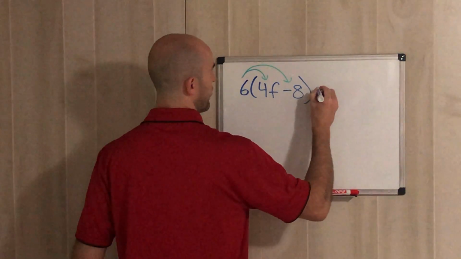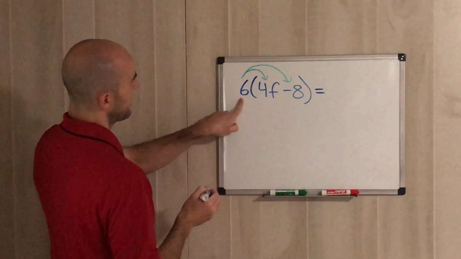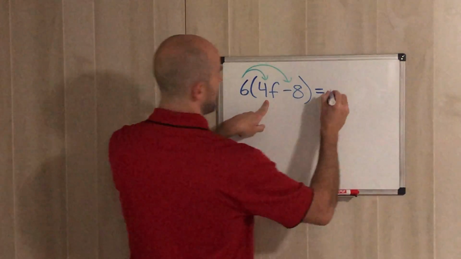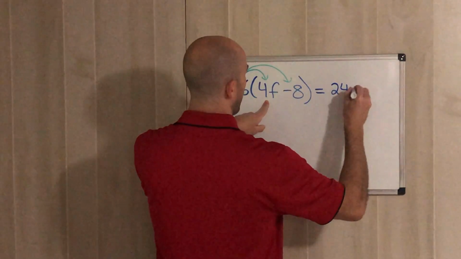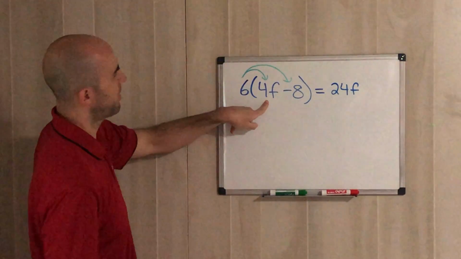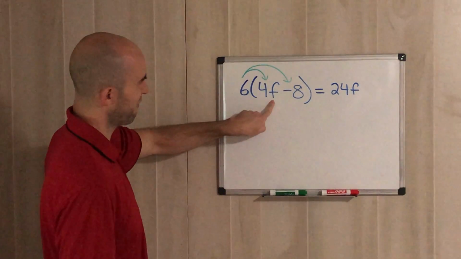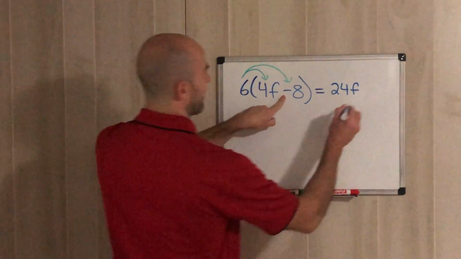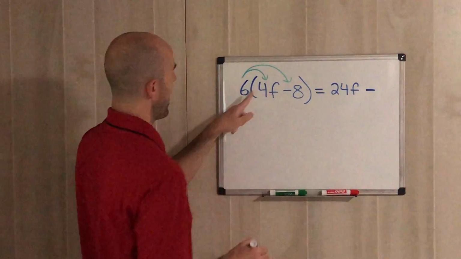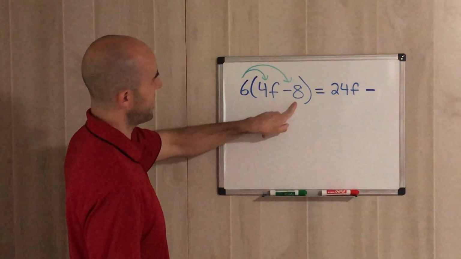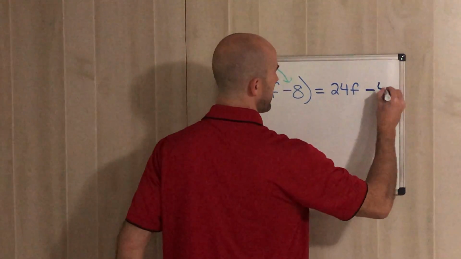So 6 times 4f is going to end up being 24f, because 6 times 4 is 24, and we can't forget the f. We have a minus sign, and now we do 6 times 8, which gives us 48.